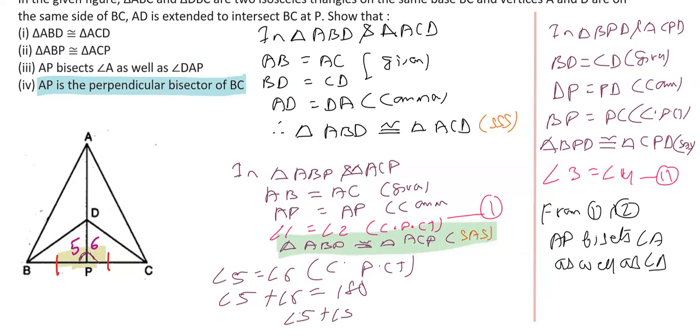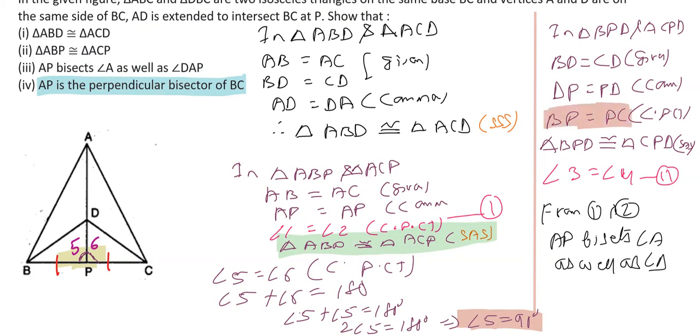So twice angle 5 is equal to 180 degrees, which implies angle 5 is equal to 90 degrees. So this angle is 90 degrees and BP is equal to PC, as proved above from CPCT.